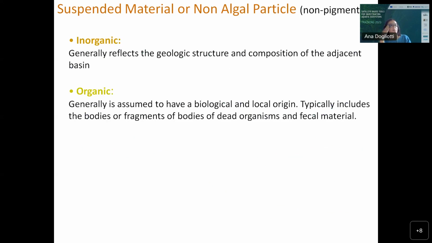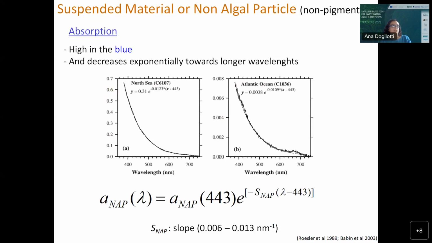It's generally assumed to have biological origin, which means part of animal, phytoplankton fragments, mainly organic bodies or dead organisms, fecal material. All this goes to what we call non-algal particles or suspended material particles.